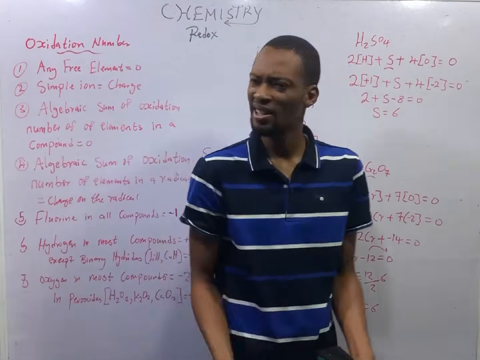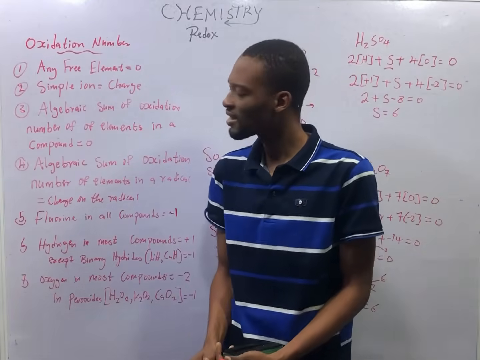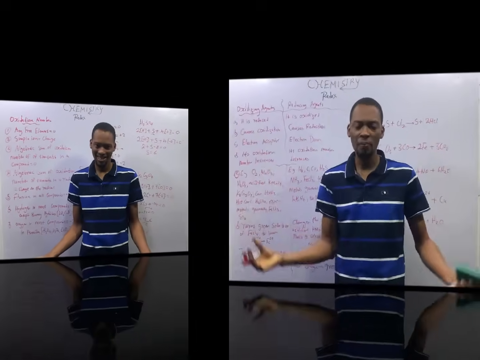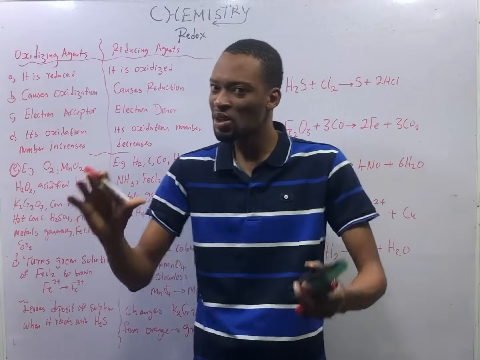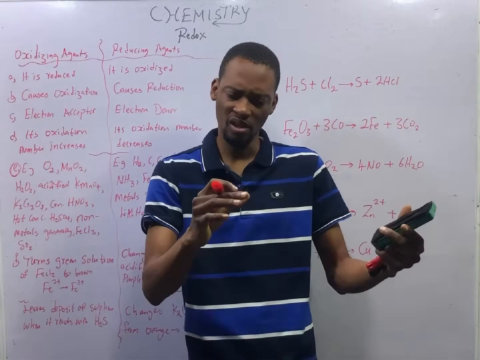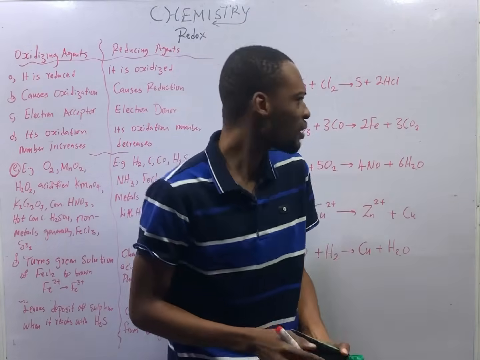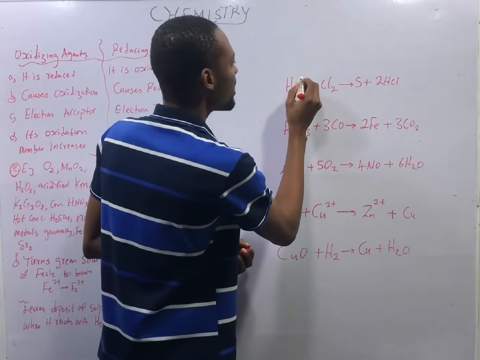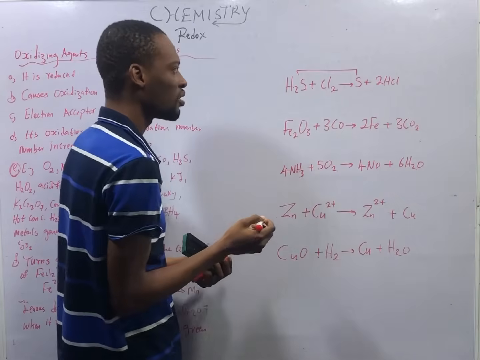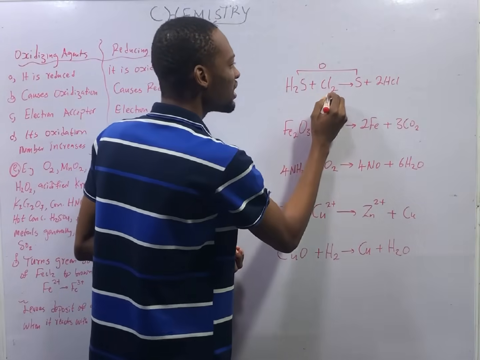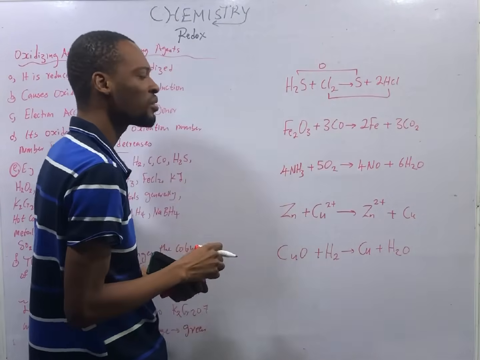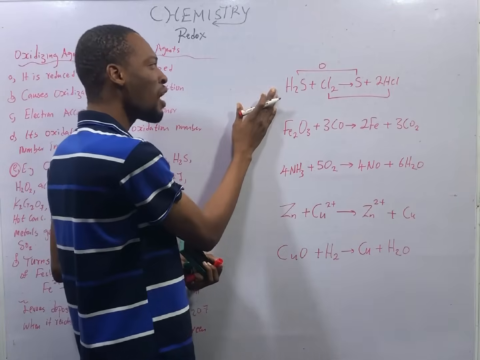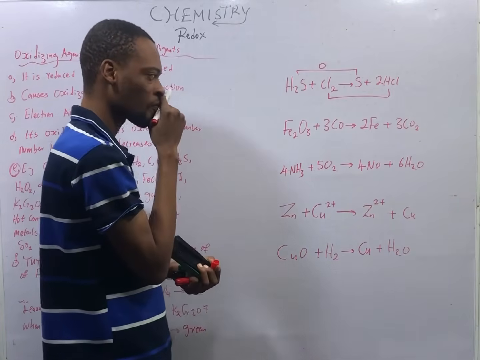Ladies and gentlemen, let's see oxidizing and reducing agents. Up to this point, we've been looking at oxidation and reduction. For example, in this case, from here to here is oxidation, and from here to here is reduction, addition of hydrogen. Removal of hydrogen is oxidation.